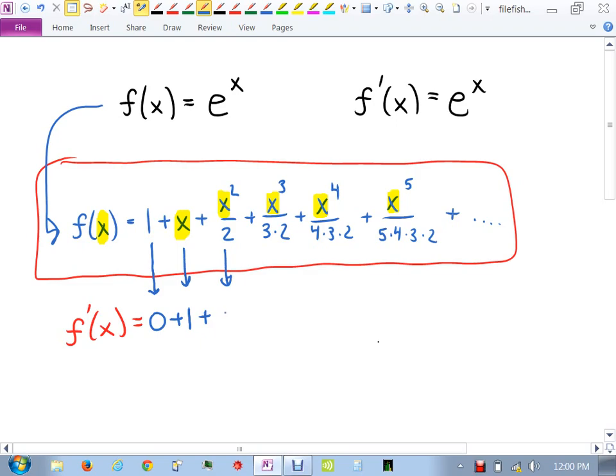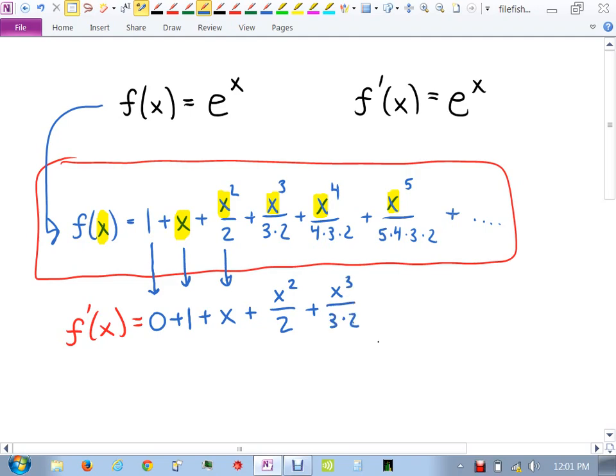So you get x plus, what's x cubed over 3 times 2? So the 3 comes out, so you have x squared, but it cancels with the 3 on the bottom, so you get just the 2. Do the next one. 4 comes out, right? But it cancels with the 4 on the bottom, so you get 3 times 2.